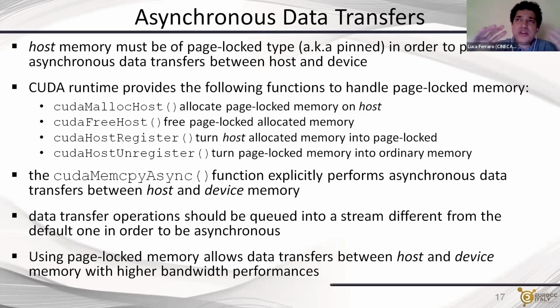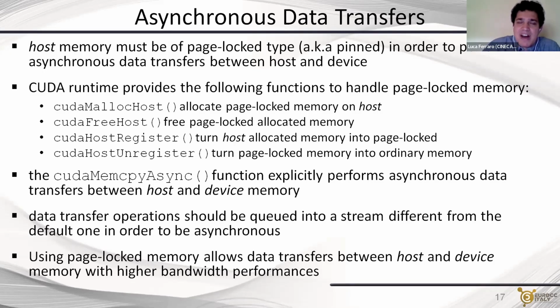Okay, so once you have a region allocated on page-locked memory, you can use this buffer to move data between the GPU, the device, and the host concurrently with, for example, kernel execution or host execution code. How can you move data in an asynchronous way since CUDA memcopy is blocking?